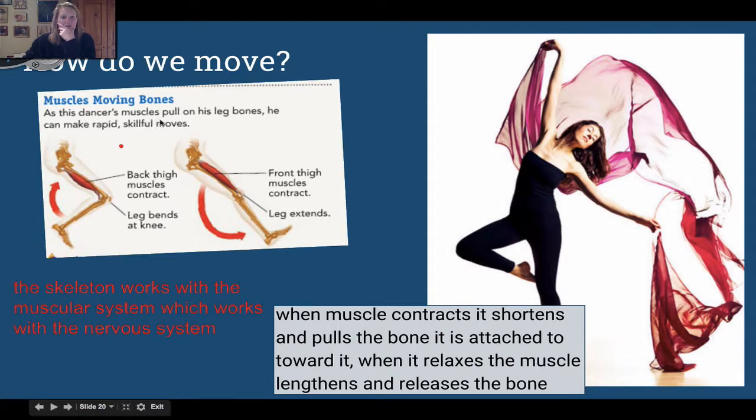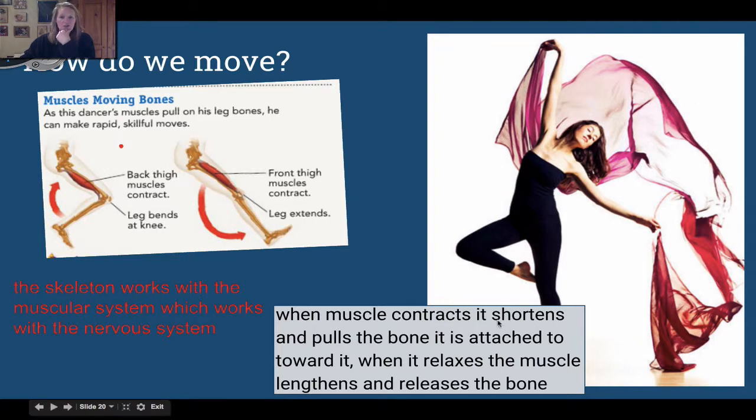As this dancer's muscles, okay, pull on her leg bones, she can make movement. It was a different diagram, sorry. So this back thigh muscle will contract, pulling the leg in at the knee. Isn't that cool? So this hamstring right there is going to pull in and pull that leg, and then it will relax, and then the front thigh, the quad right there, will contract, pulling the leg back this way, okay?